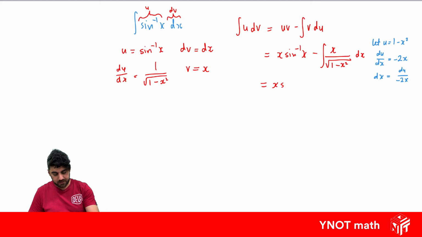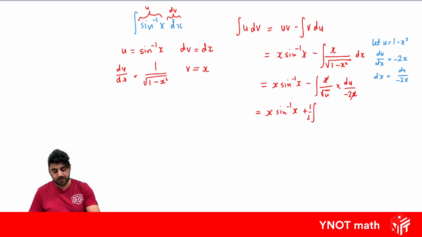So we're going to get x inverse sine of x minus the integral of x over root u times dx, which we know is du over minus 2x. Get x times inverse sine of x, integral of the x's cancel out, and we can pull the minus a half out, so it becomes plus a half.